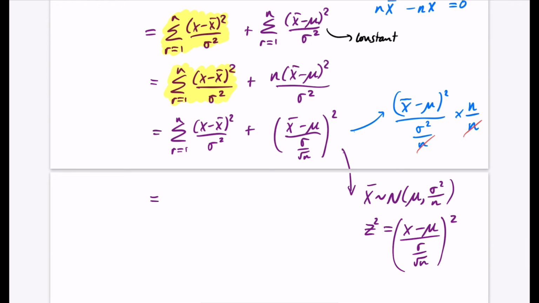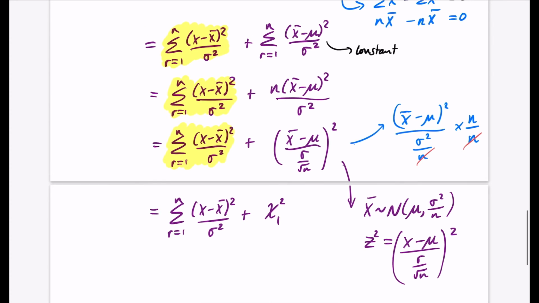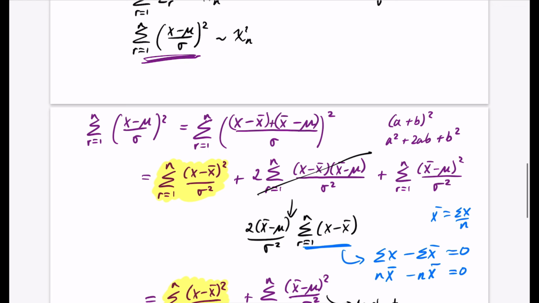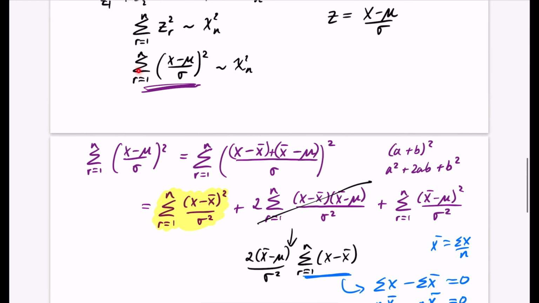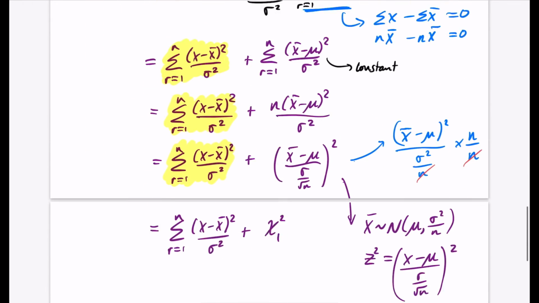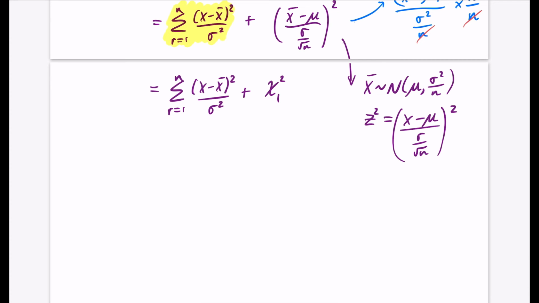So, keeping the thing in yellow that I want highlighted, I can now say that the second part of this, n lots of (x bar minus mu) squared over sigma squared, is a chi-squared distribution of order 1. And do you remember what we originally said that this thing here was? This thing here is a chi-squared distribution of order n. We said that here, right? So this is a chi-squared distribution of order n.